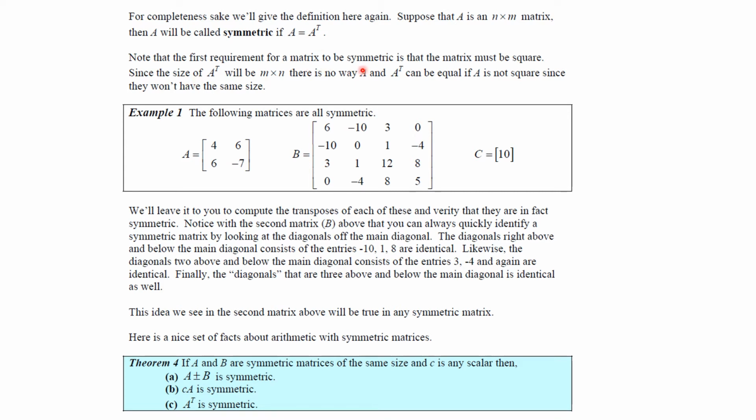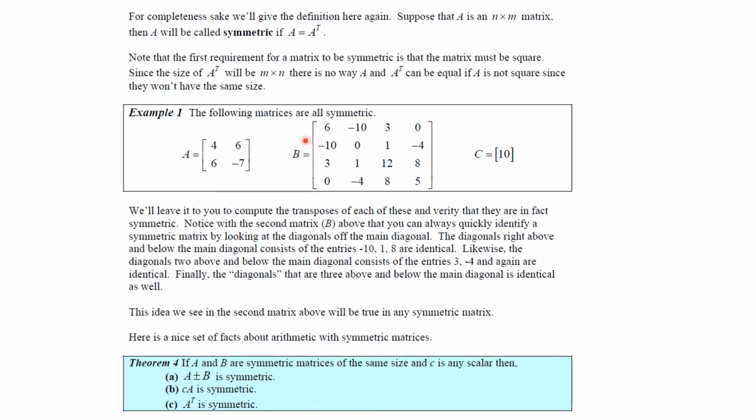Notice that for a matrix to be symmetric, it has to be square because the size of the transpose and the matrix itself have to be exactly the same. So a symmetric matrix must be n by n. It must be square.